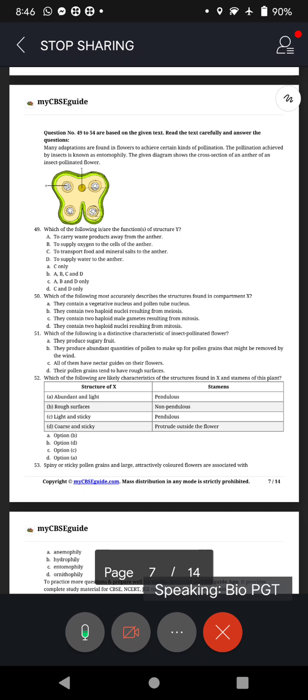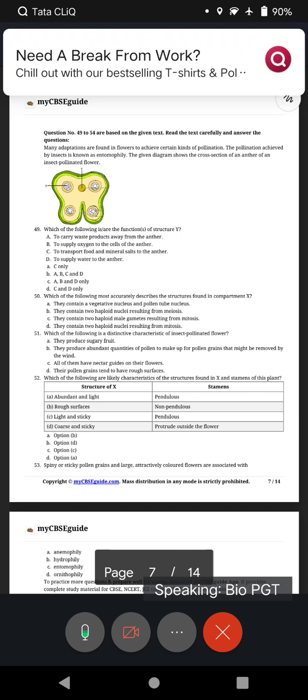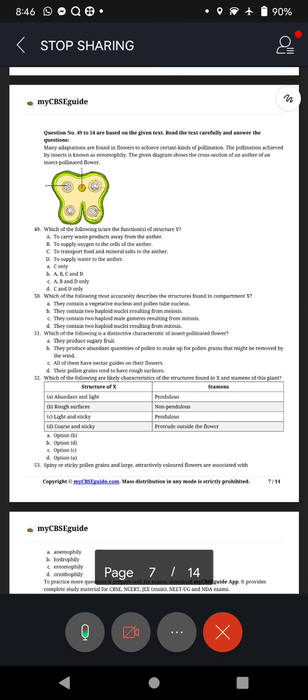B. They produce abundant quantities of pollen to make up for pollen grains that might be removed by the wind. C. All of them have nectar guides on their flowers. D. The pollen grains tend to have rough surfaces. Now remember, we are talking of insect pollinated flower. So pick up the answer.